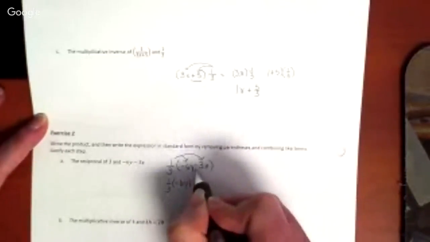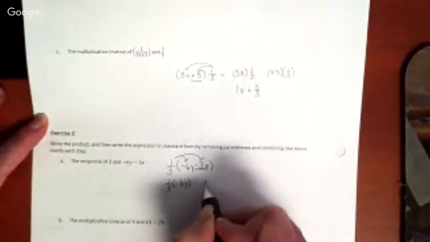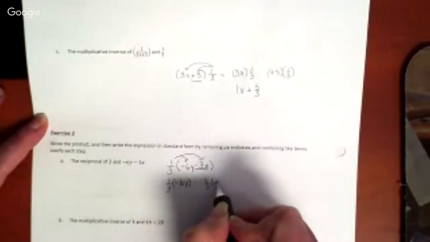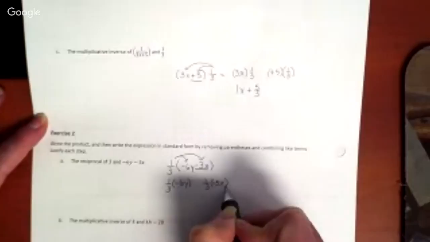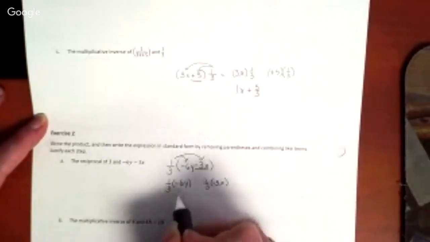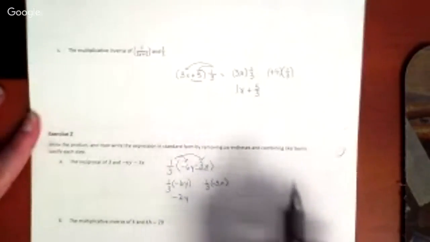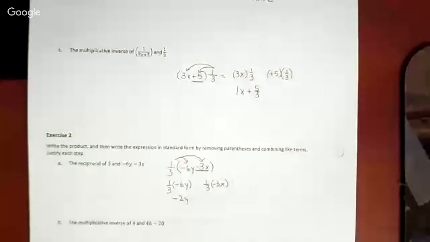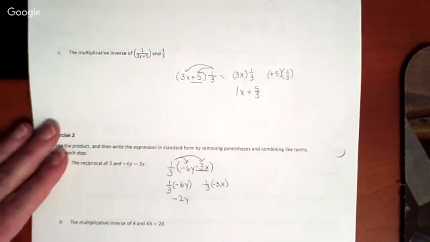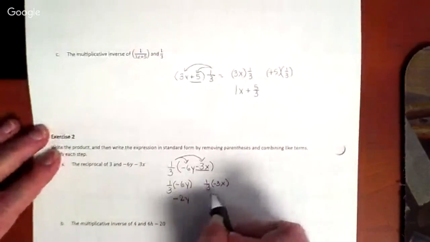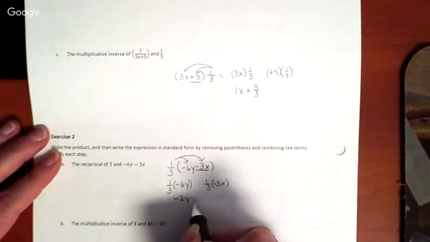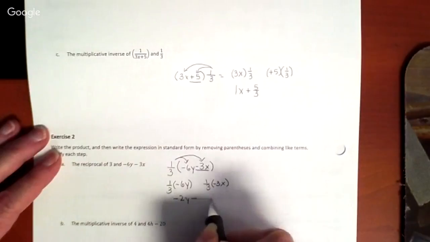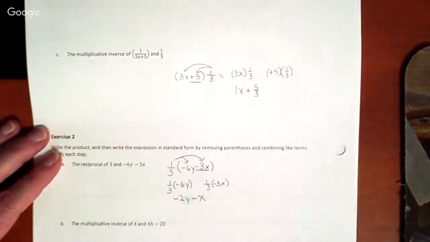One-third times negative 3x. So 1/3 times negative 6 is negative 2y. And again, guys, I can't state enough, make sure you use your calculators. And then 1/3 times negative 3 is negative 1x or negative x.